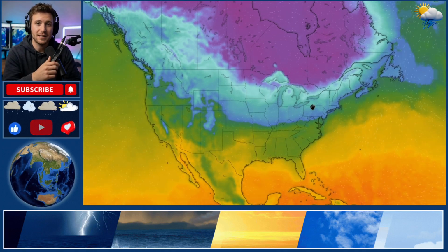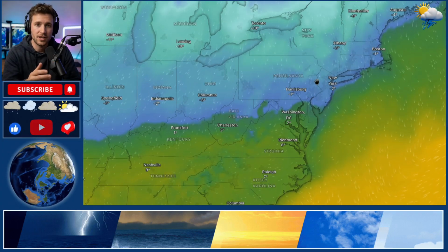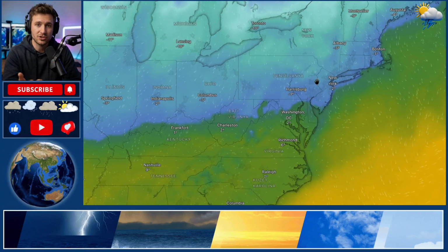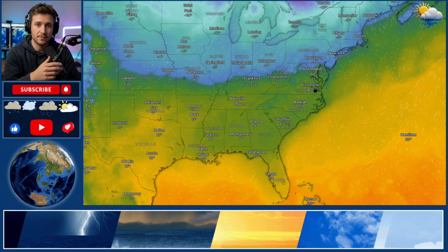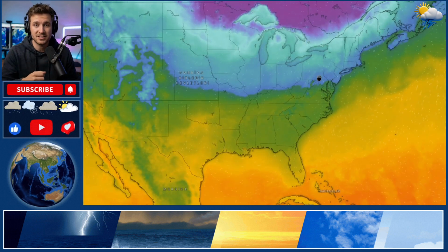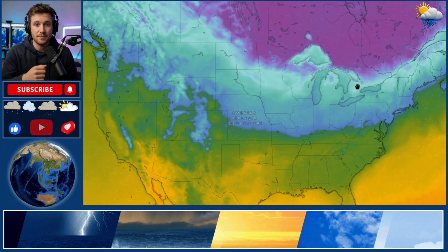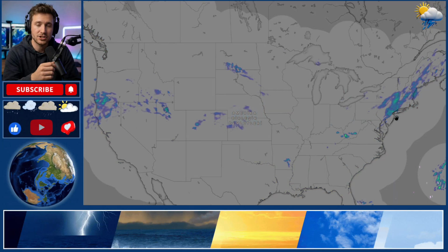Moving west, let's talk about the Rockies and the Mountain West, because there's another type of snow happening there. Snow is present across Idaho, Utah, Colorado, western Wyoming, and northern Nevada. This is orographic snow, which is a fancy way of saying mountain snow. Here's the mechanism. Moist air from the Pacific moves inland and encounters the mountain ranges.